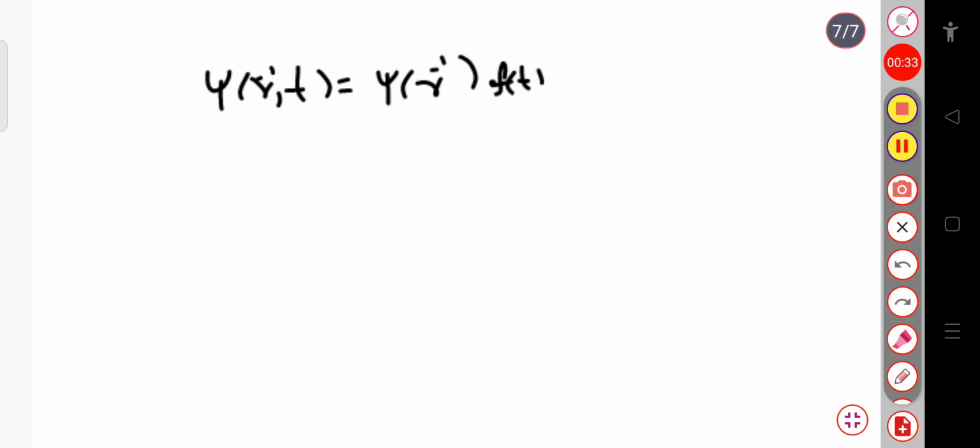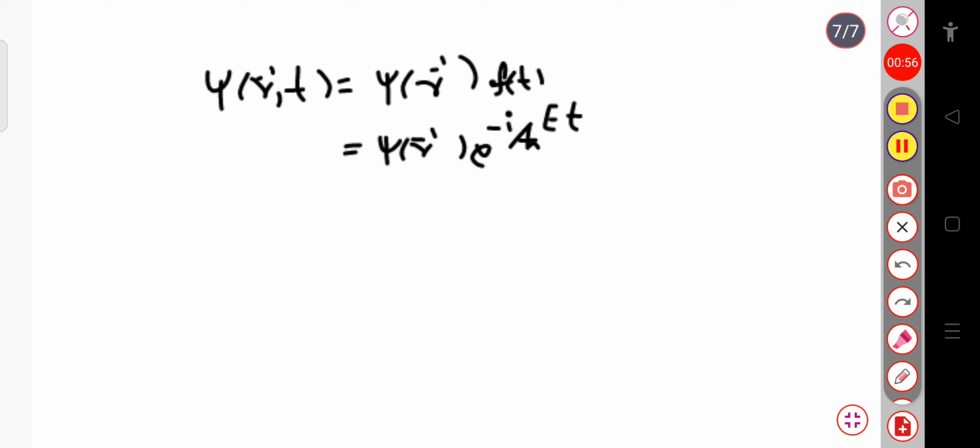If I substitute this value in the time dependent Schrodinger equation, finally we have separated the two terms, and in place of f of t we got exponential minus i by h cut into E into t.